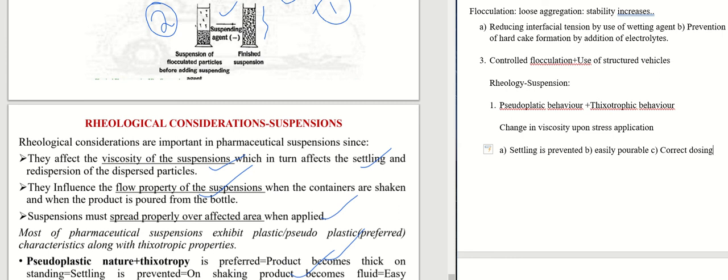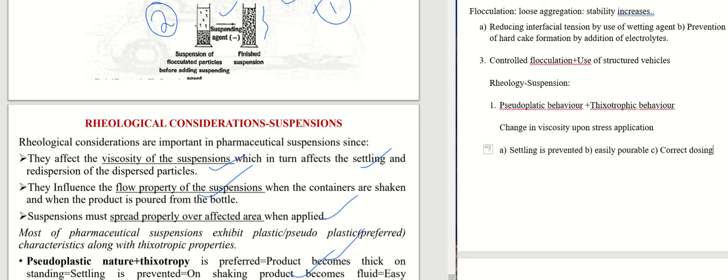So that is how the stability of a pharmaceutical suspension can be improved by considering the electrical properties of suspended particles, and also the rheological behavior.